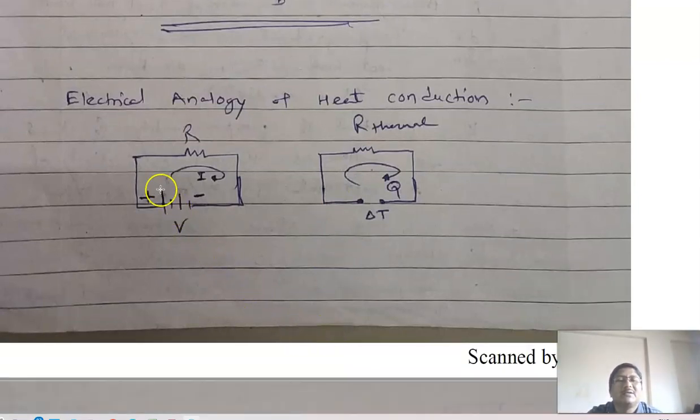You see here, the electrical analogy of heat conduction. Here resistance, we can write R thermal. Here current is flowing, there heat is flowing; voltage difference here, temperature difference there. So there is an analogy: voltage difference in the electric circuit, temperature difference here; current flowing, heat flowing; electrical resistance, thermal resistance.